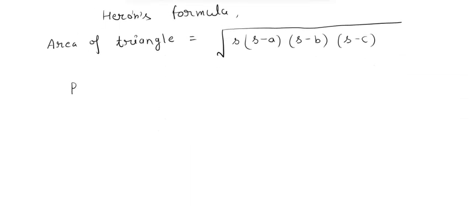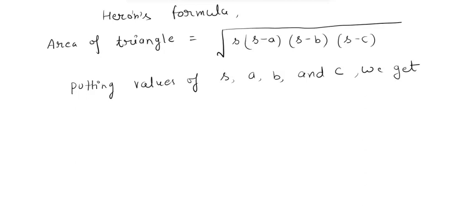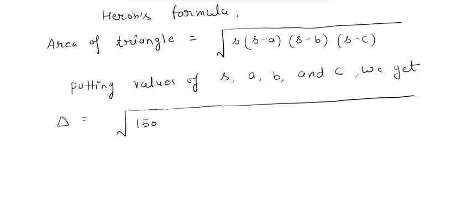So putting values of semi-perimeter and A, comma B and C, we get area delta is equal to square root of semi-perimeter 150 minus 60, 150 minus 100, 150 minus 140.